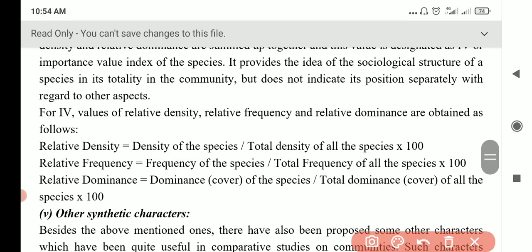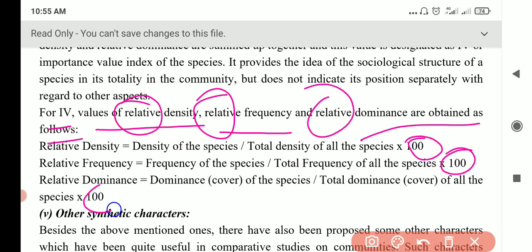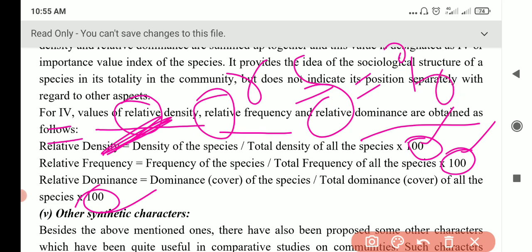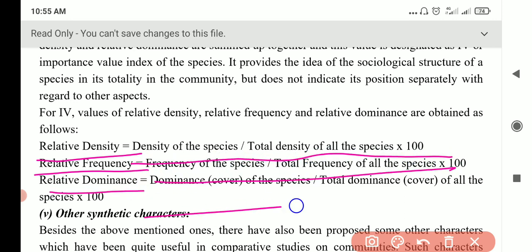For importance value, values of relative density, frequency, and dominance are obtained as follows. We have to talk in terms of relative, means we have to multiply by 100. We have to calculate in terms of the percentage. When we say relative, means in terms of the percentage. So relative density, relative frequency, relative dominance, these are the formulas.